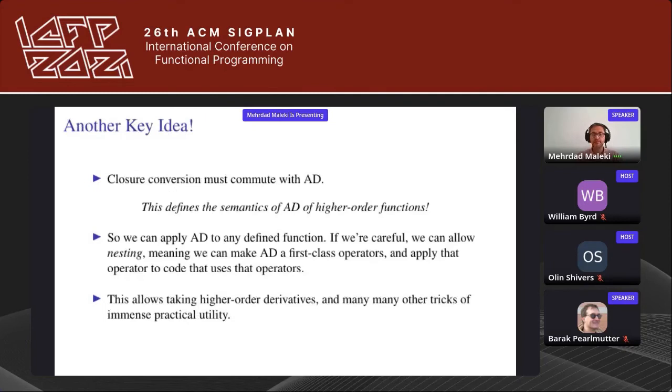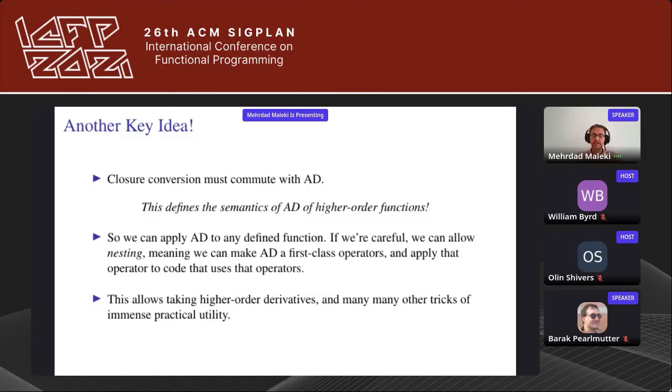But another key idea in forward AD is that closure conversion must commute with AD. This actually defines the semantics of AD for higher-order functions.